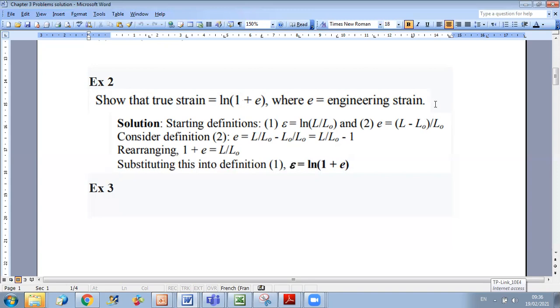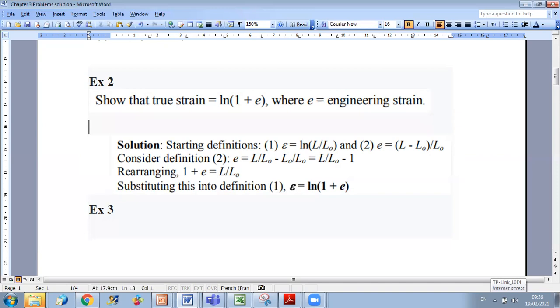Okay, so always when we ask for such things, we should go back to the definition. By definition, what is the true strain? The true strain is ln L over L0. And if we want to relate it to the engineering strain, we should find a relation between L over L0 and the engineering strain. This is why we go back to the definition of the engineering strain. The engineering strain is defined as L minus L0 over L0.